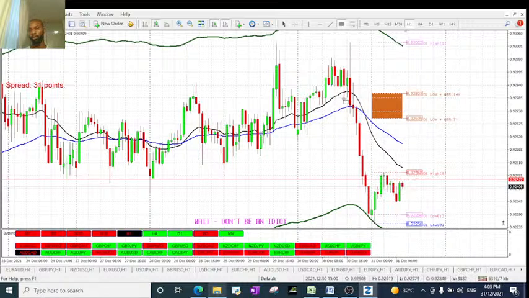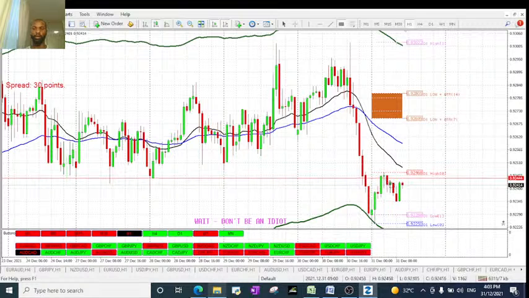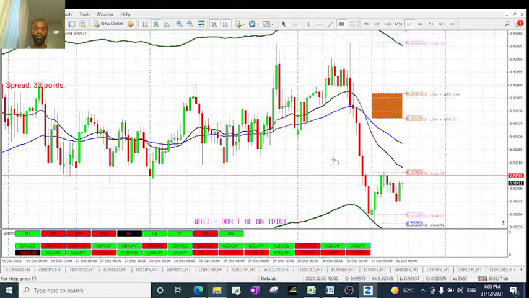Came down, pulled back, wanted to come down. A lot of people will be feeling the pain at the moment because if you took a short hoping that this thing will go down, you have this strong bullish close. It's not a good sign.